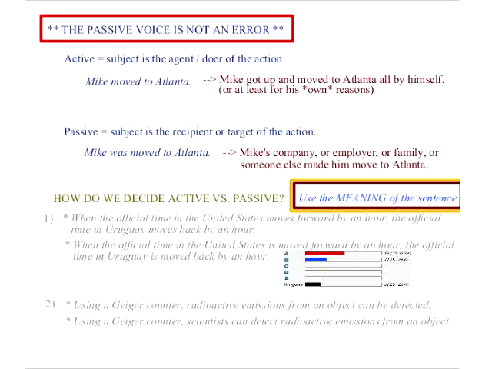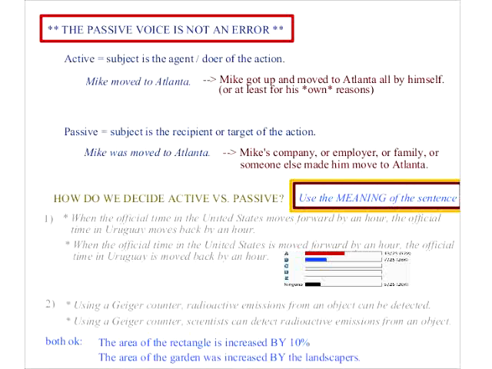If I say I grew by 6 inches over the summer, or the area of the rectangle is increased by 10%, or the area of the garden was increased by the gardener or the landscapers, these are two different uses of by. The first one of these is not the passive voice kind of by. This is a by that's used with quantitative increases or decreases.